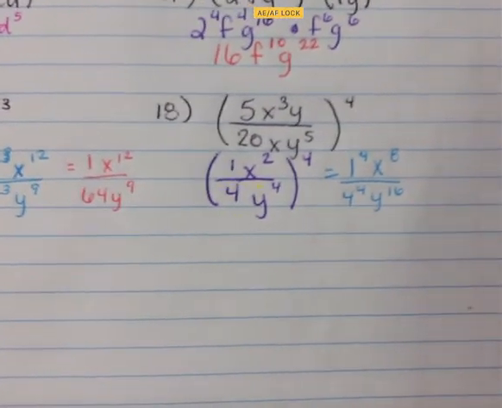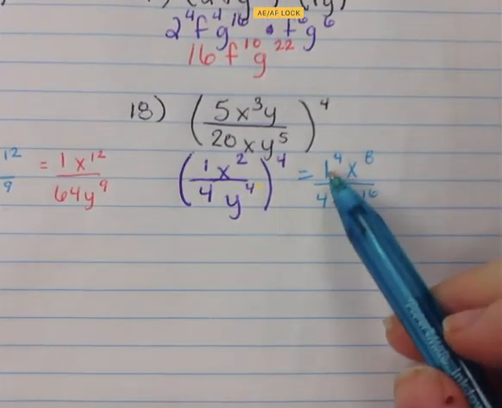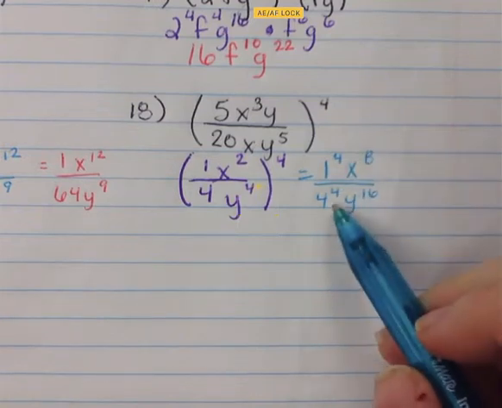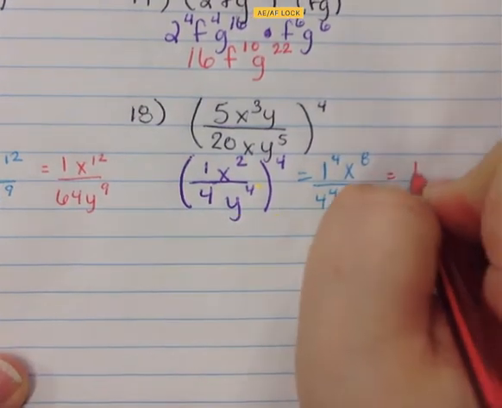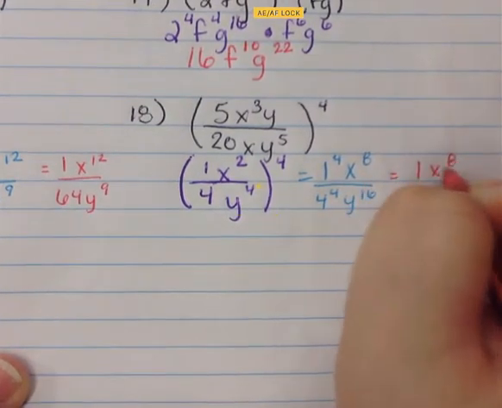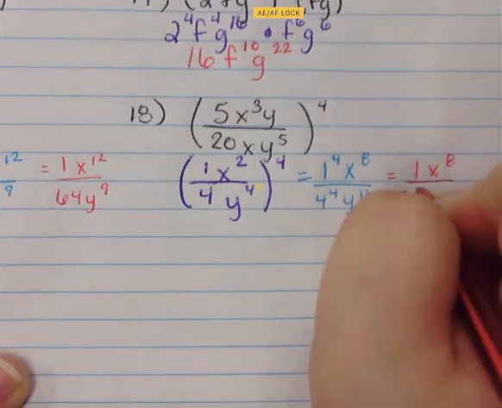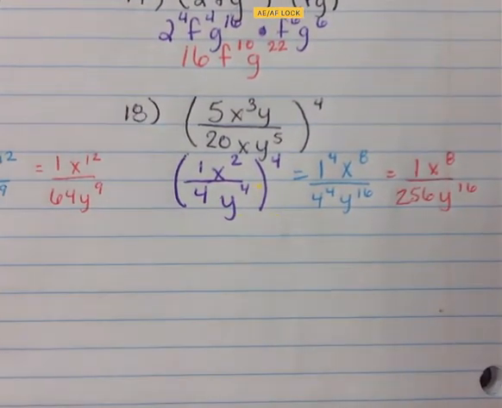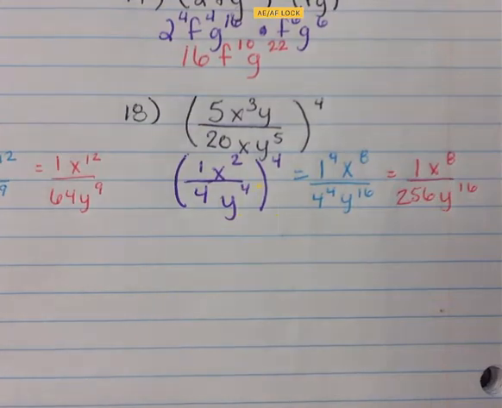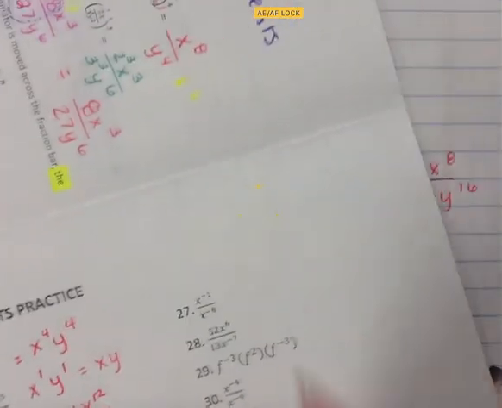Now the only thing left to do is to simplify this. So we have 1 to the 4th is just 1. 4 to the 4th is 256. So we're going to have 1 over 256, which doesn't simplify. This is 1 x to the 8th over 256 y to the 16th. I'm going to write that on my paper.